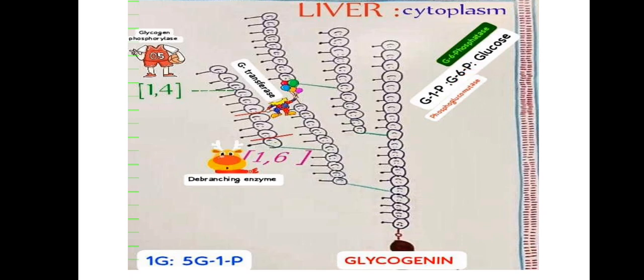So your muscles, I repeat, can't form glucose because they lack glucose 6-phosphatase enzyme. But they can form glucose 6-phosphate, which they will just redirect to glycolysis so that they can produce ATP from that. That's how we break down this particular glycogen and provide free glucose to the body.